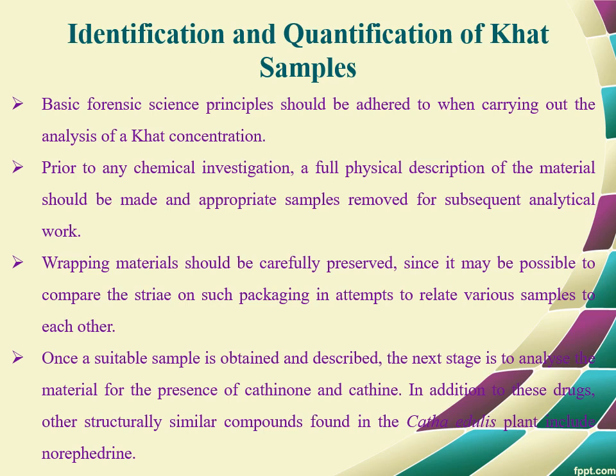Once a suitable sample is obtained and described, the next stage is to analyze the material for the presence of cathinone and cathine. In addition to these drugs, other structurally similar compounds found in Catha edulis plants include norephedrine.